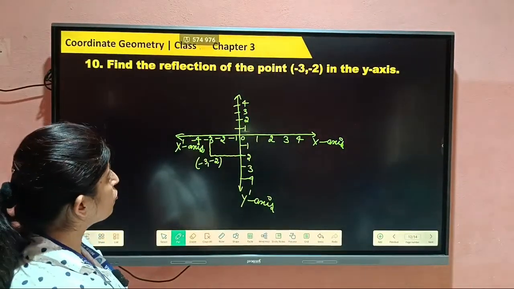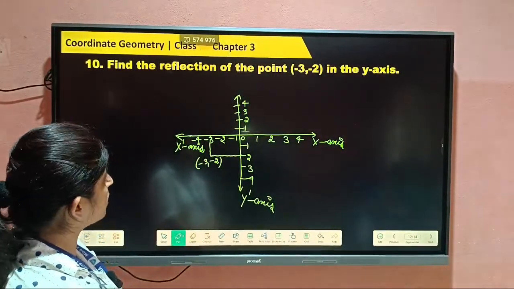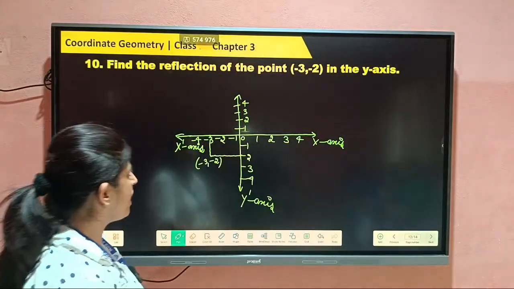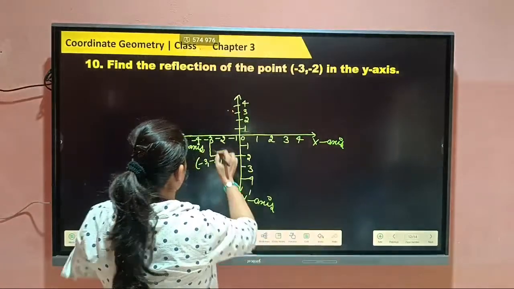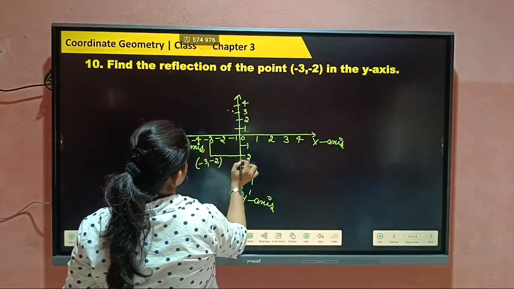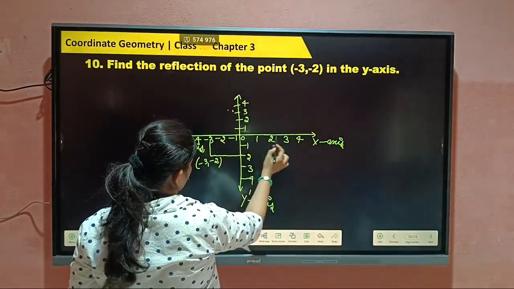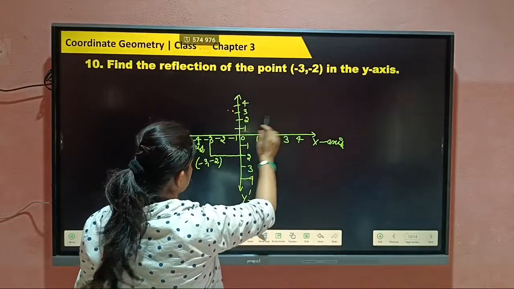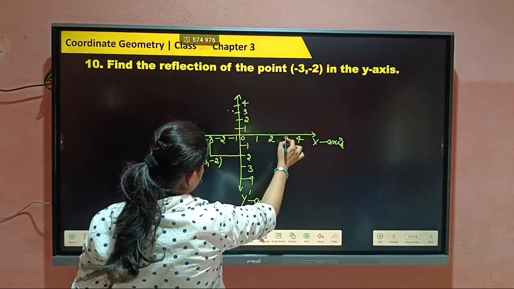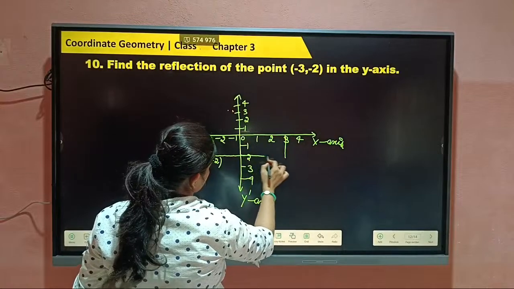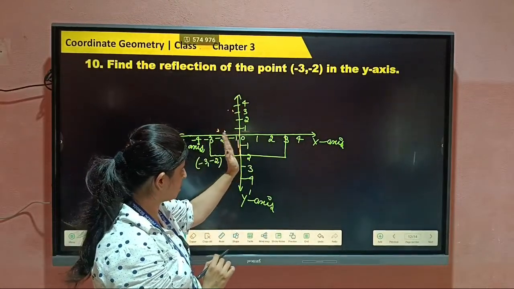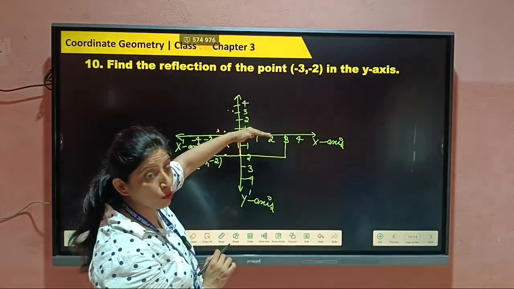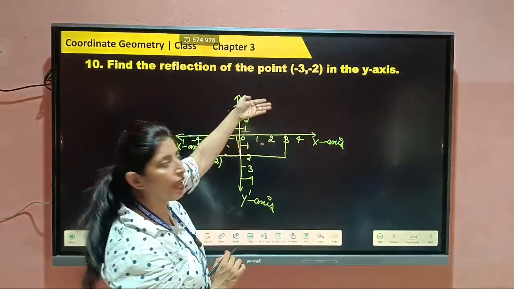Okay? We have to find the reflection of this point in the y-axis. Reflection we will do like this. Means what will come? Reflection on the y-axis, so it will go to this side, not on that side. This reflection will go in the y-axis, so it will go in this. If it is given for the x-axis, so it will go like this.